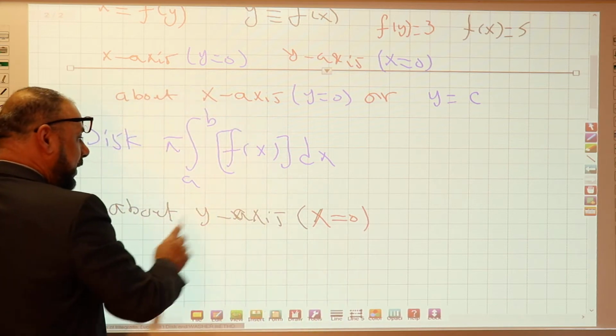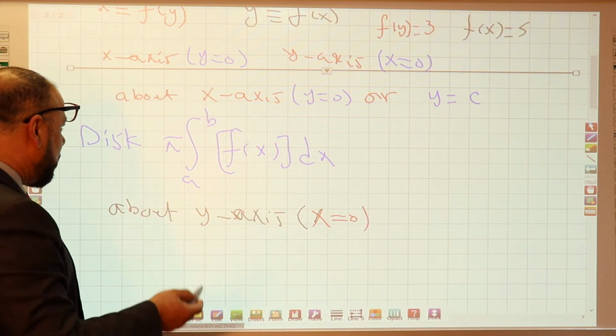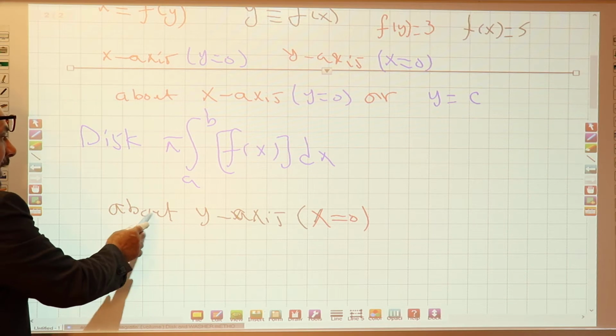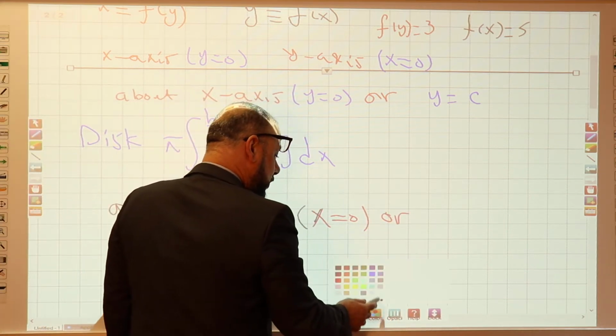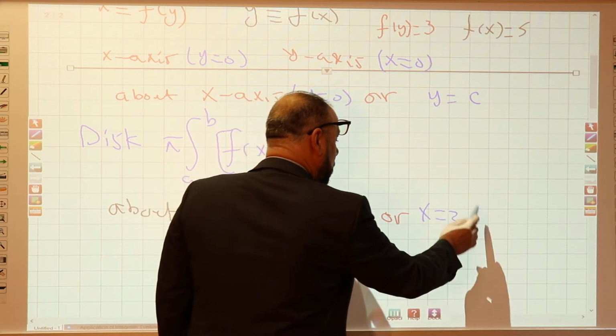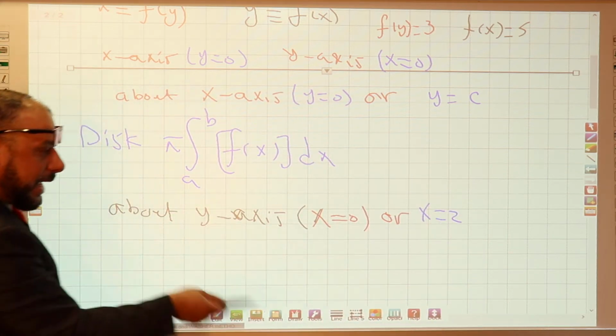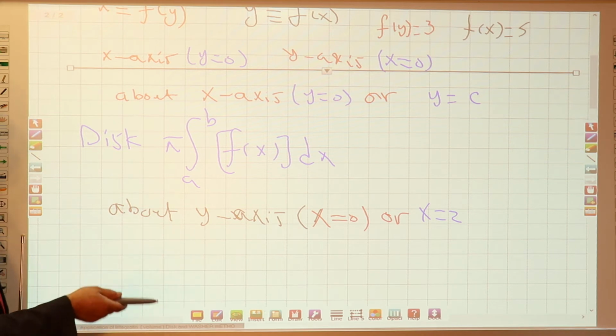At least you get some point when you set up your integral. About the y-axis, x equals 0, or x equals 2, what are you revolving about? Here you're revolving about the x-axis.